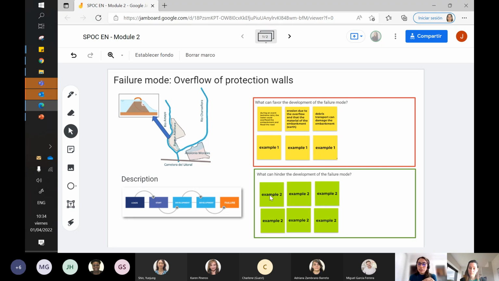In this case, we are not trying to propose any solution, to see how we can solve all the factors that could help develop the failure mode, but as it is, as the conditions of that moment. If you take a photo of the moment, what can hinder the development of the failure modes? Can you think of some ideas what can prevent that failure mode from happening?